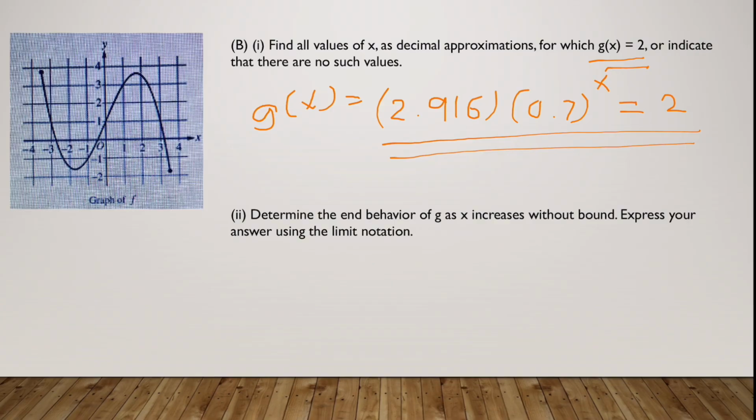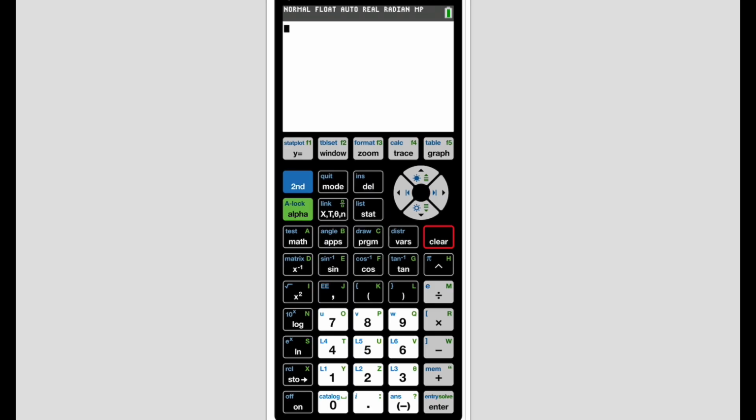I'll move to the calculator and keep the question in mind or note it down somewhere. Now, once you make it to your calculator, I'm going to show you how to use it. I'll be using a TI-84 Plus since I think most of the people prefer this one. Now, you have to find out an output value which is 2, right?